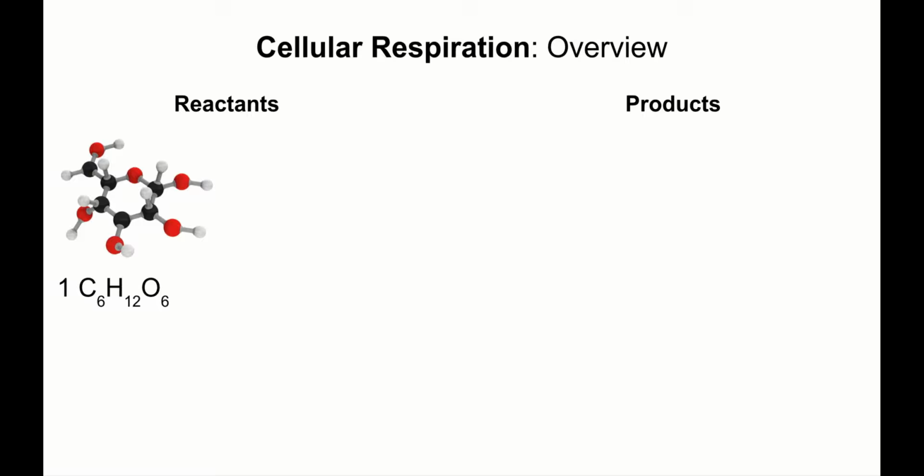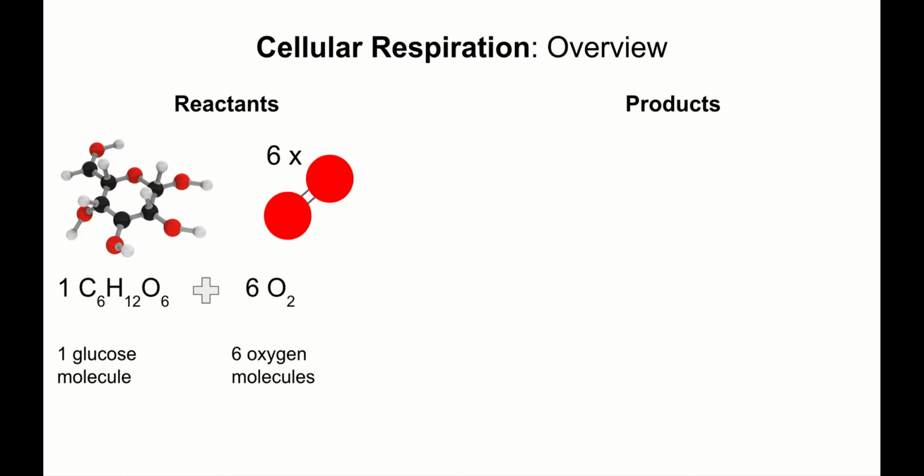We'll start with our reactants on the left, our products on the right. Make sure you label your paper, set up the reactant side and the product side. And our reactants or starting materials include one C6H12O6, that's one glucose molecule, plus six O2 or six oxygen molecules, plus some ADP.